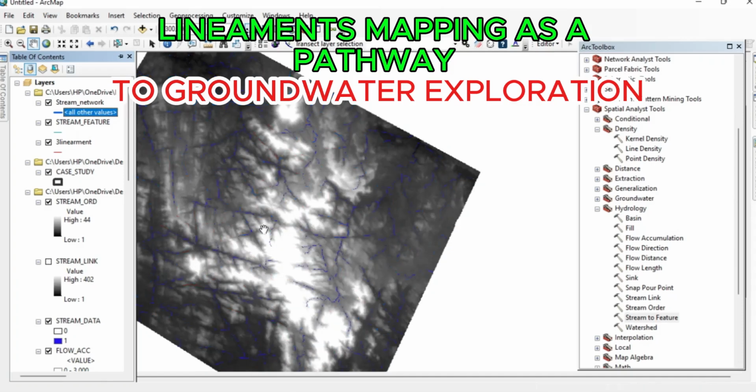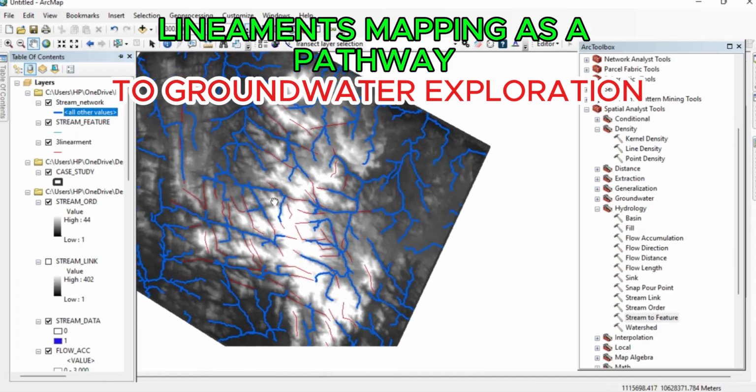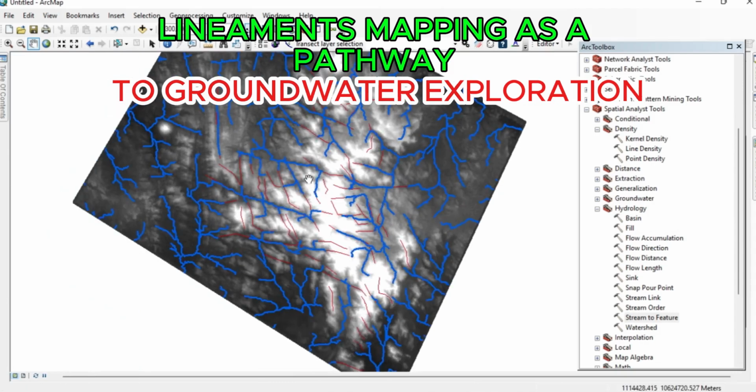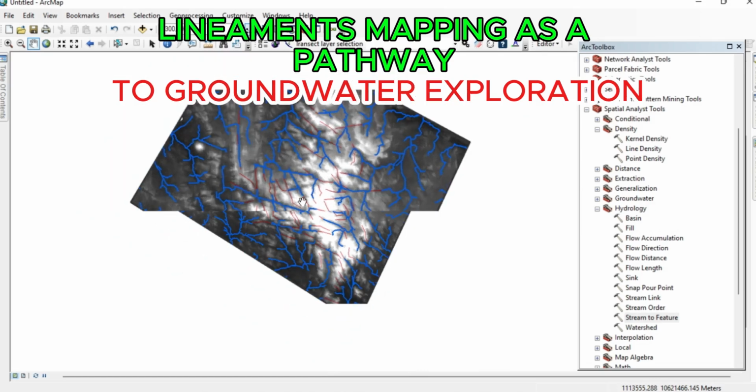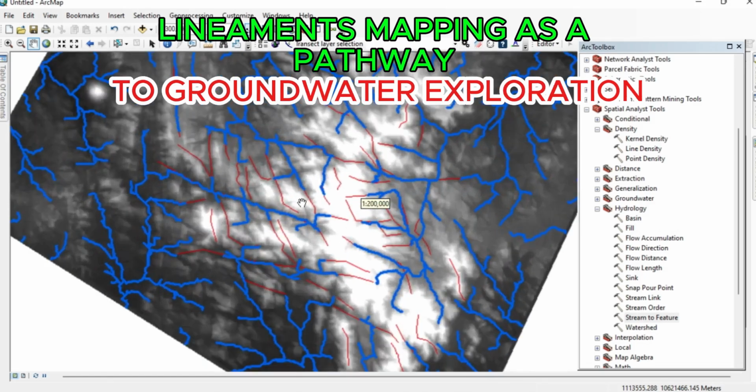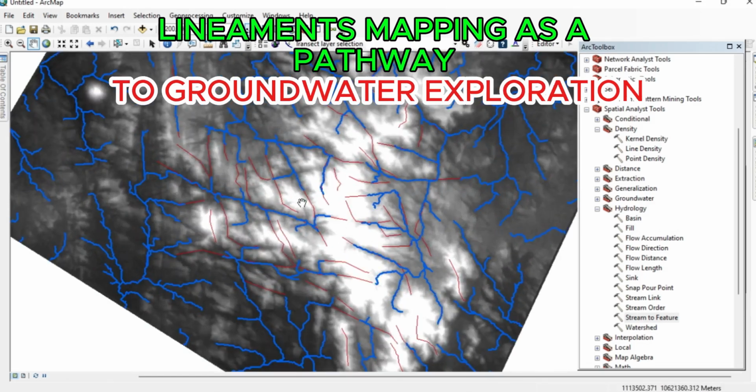Now you can see the fractures, all the structures, the hidden structures beneath the earth, the hidden structures on the surface, the hidden structures of the area. You can see how they are aligned, coincide, intersect each other.